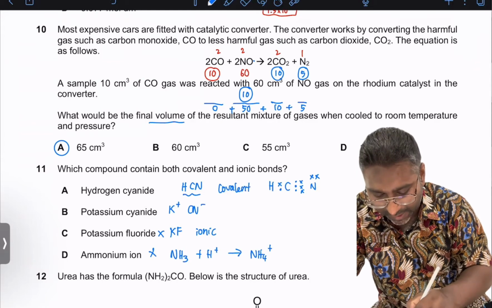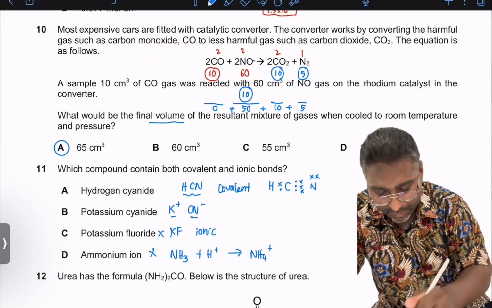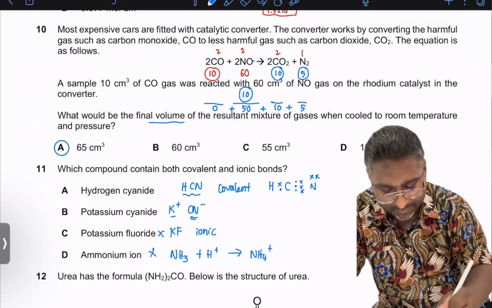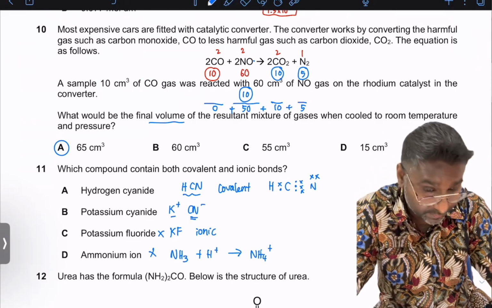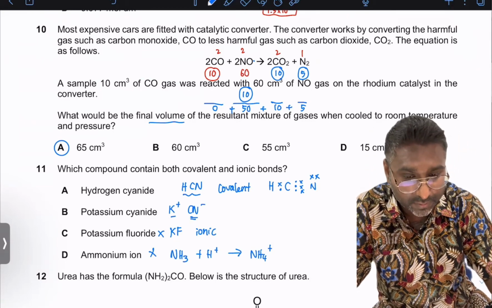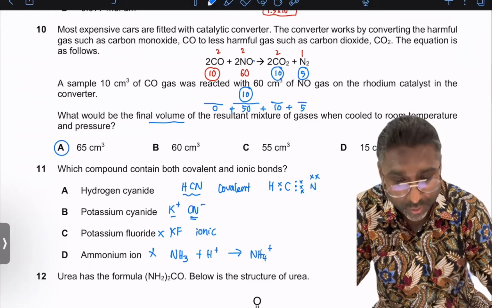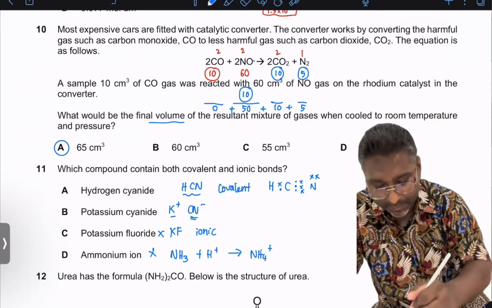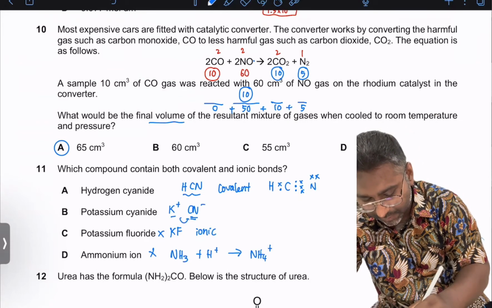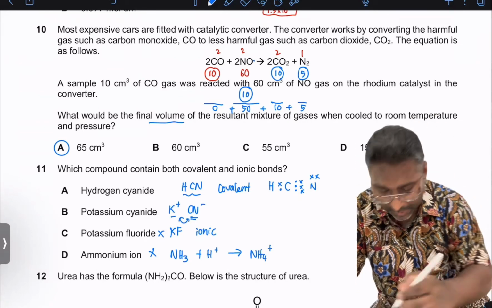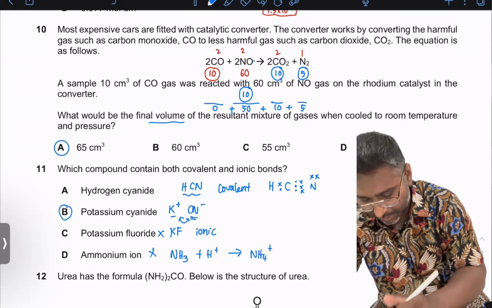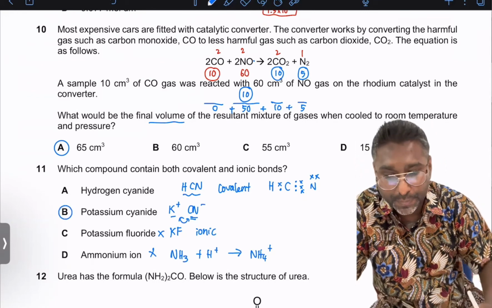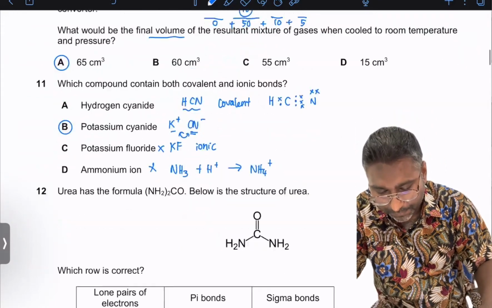But for KCN itself, CN, the ion, is a covalent bonding between carbon and nitrogen, non-metal and non-metal. K plus and CN minus, they will give you the ionic. So therefore the answer is going to be B, not A. Please remember that.